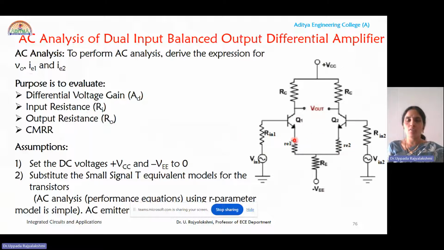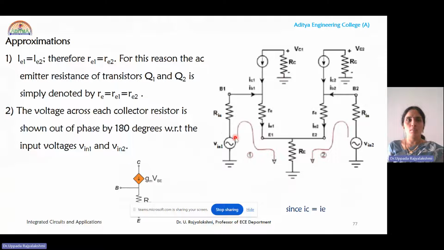So in the r parameter model, we are including the AC emitter resistances small re1 and small re2. Those are the AC emitter resistors of Q1 and Q2 transistors respectively. Let us move on to some of the assumptions. Because the two transistors are identical to each other, from the construction of the differential amplifier, IE1 is equal to IE2, where IE1 is the current flowing through the emitter of Q1 and IE2 is the current flowing through the emitter of Q2.